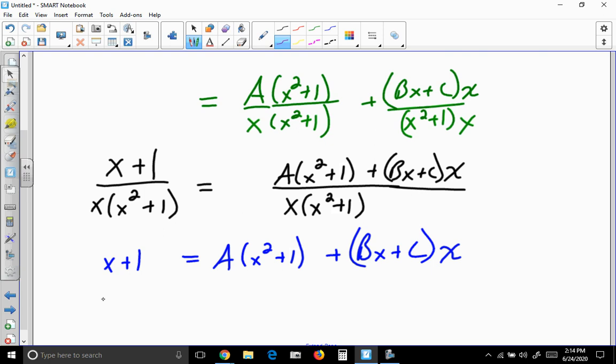So what we're going to do in this case is let's go ahead and get rid of our parentheses. If we distribute, we have ax squared plus a plus bx squared plus cx.